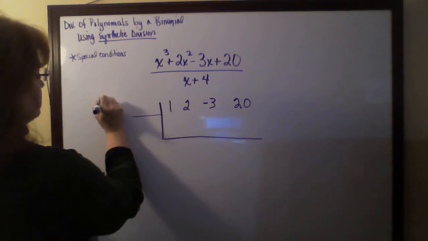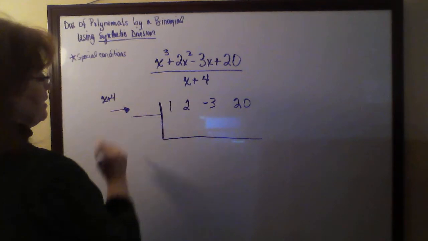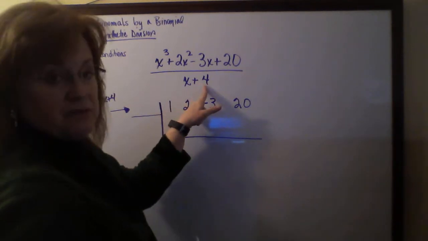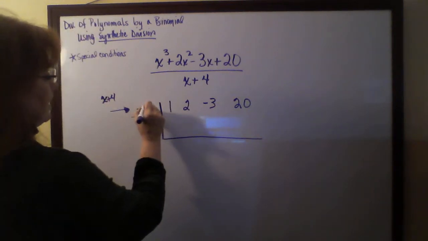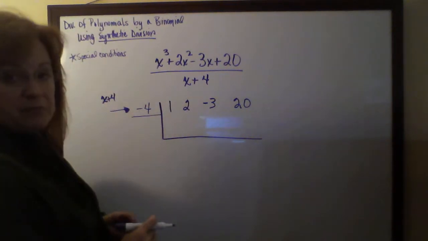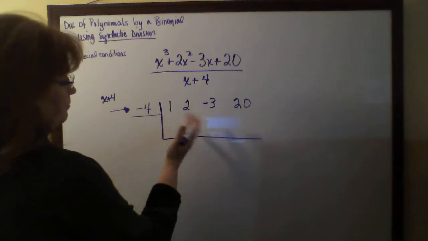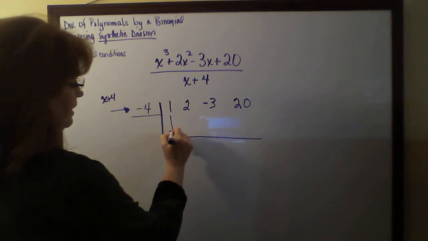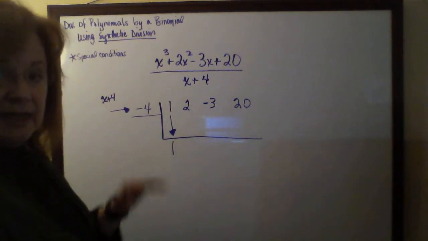Now, x plus 4 is my divisor, is going to produce a number, and the number is always the opposite of the second term here. So since this is positive 4, -4 goes here and becomes what I'm going to call the multiplier. Okay, so step 1 or part of the setup, sorry, is that the first coefficient always comes below the line.